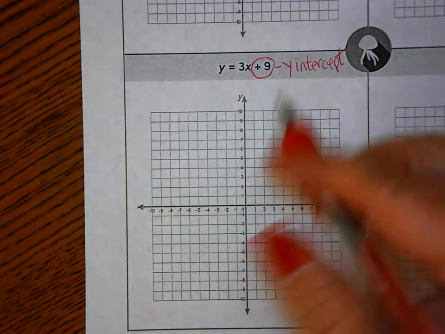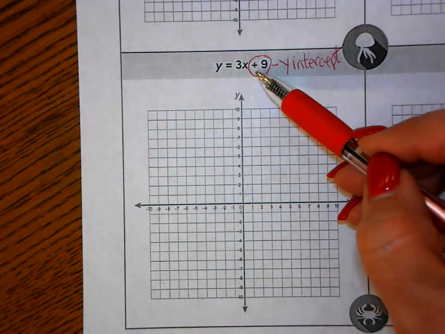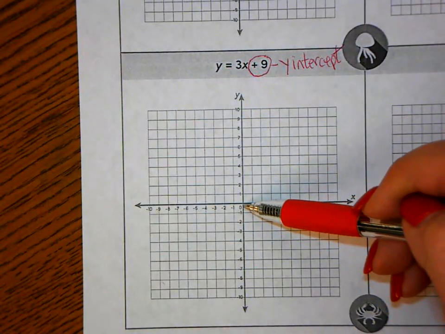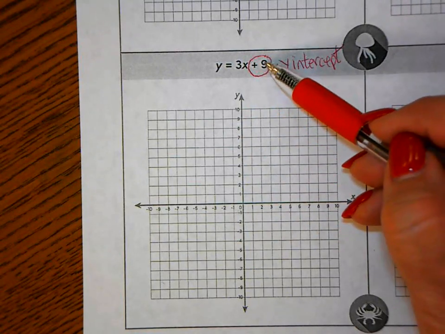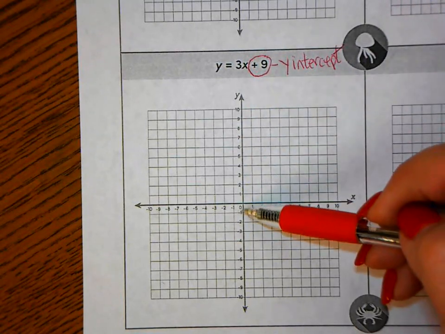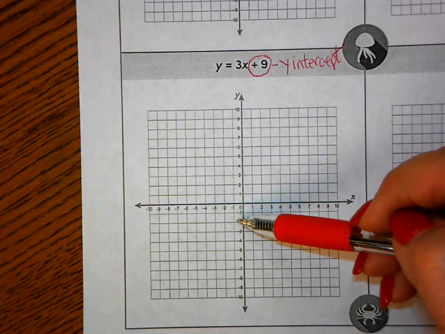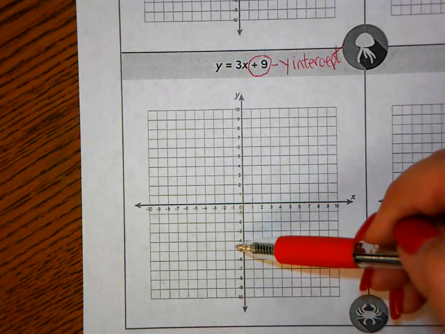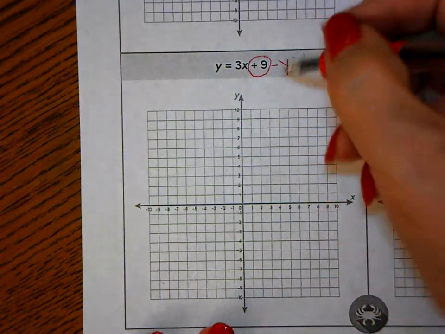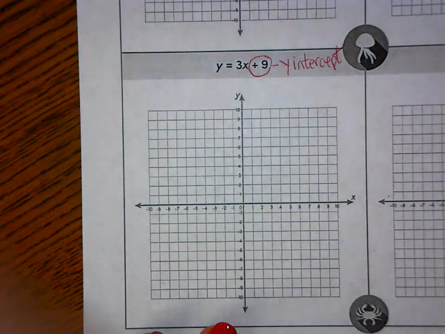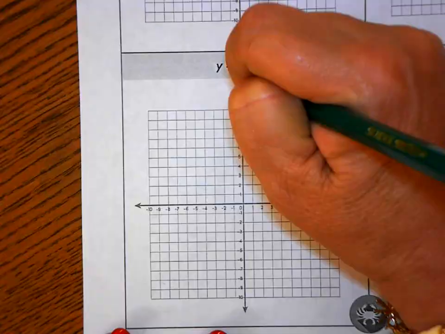That is the reason why I'm doing it, because it is a reminder that it's going to be above the x-axis, because if it was a negative and I'm only circling the number, I won't remember that it has to be below the x-axis. So that's just a little friendly tip to help remember. I'm only circling the number to my slope.